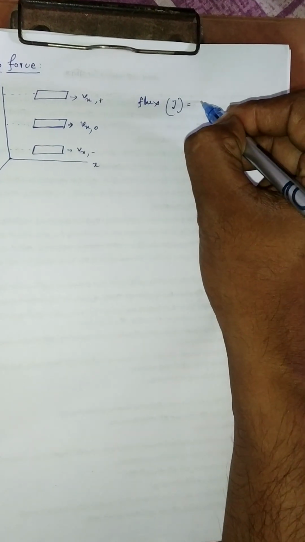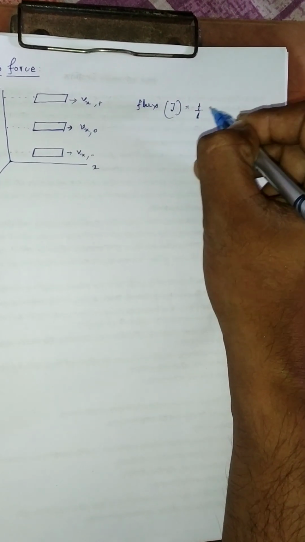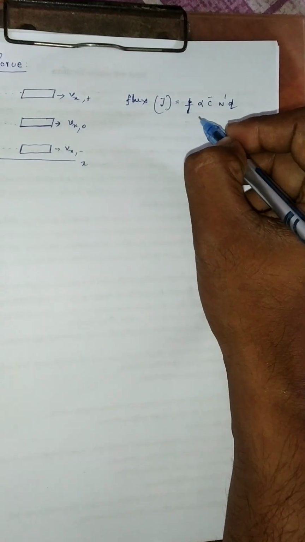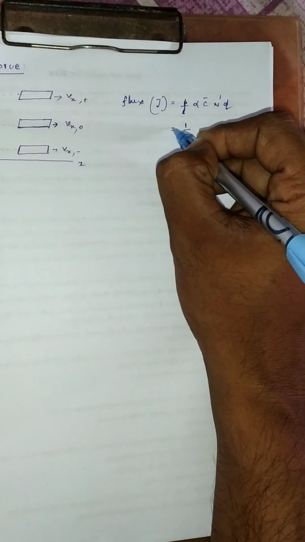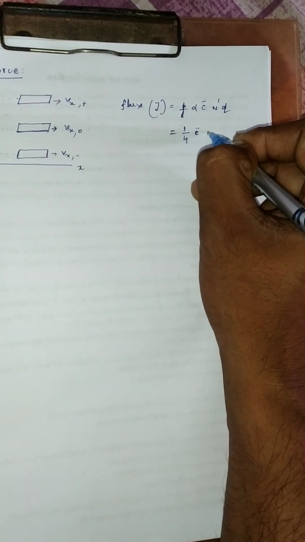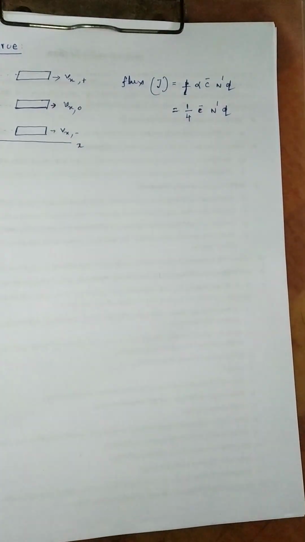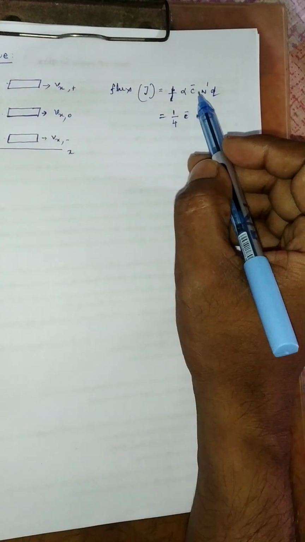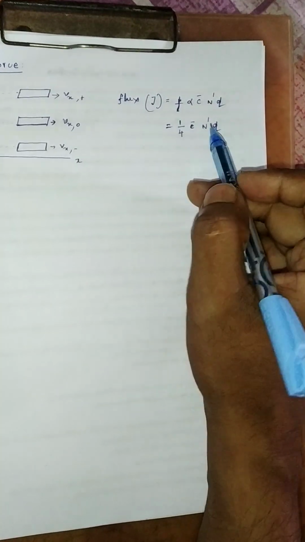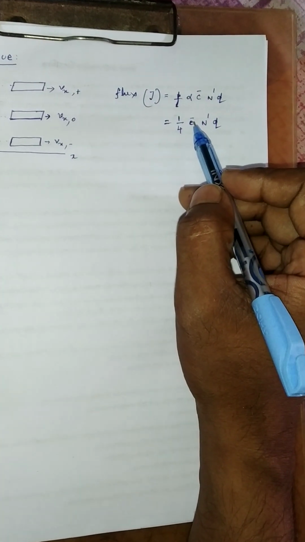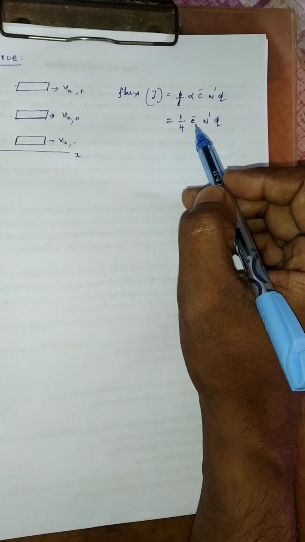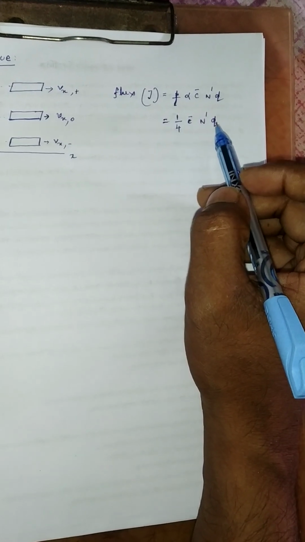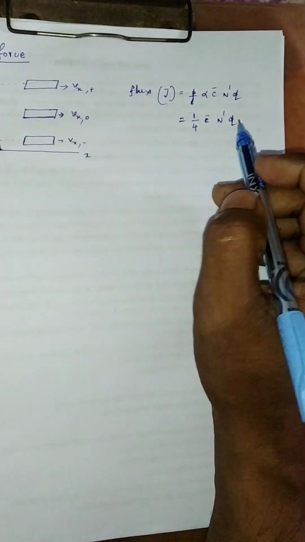So flux J is equal to 1 by alpha C average N dash Q, where alpha is approximately 4, so 1 by 4 C average N dash Q, where C average is the average velocity of the gas molecules, N dash is the number density, that is the number of molecules per unit volume, and Q is the amount of physical quantity transported.